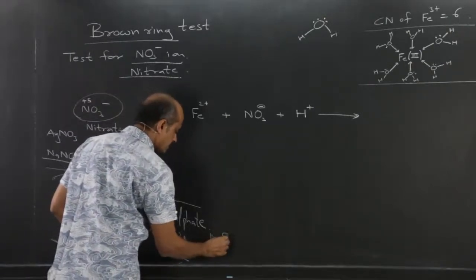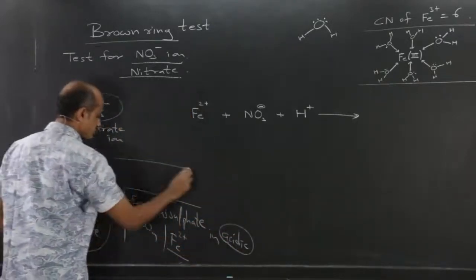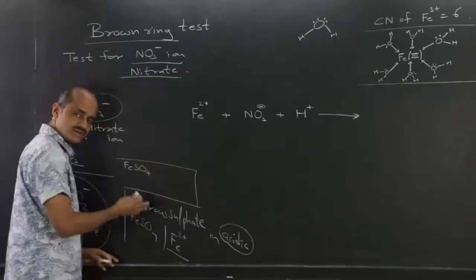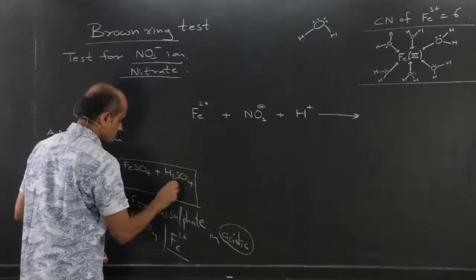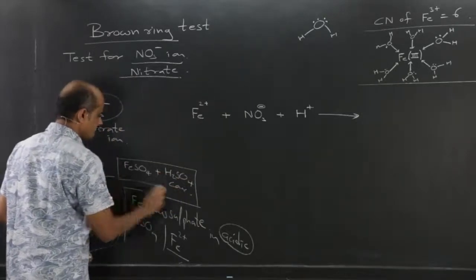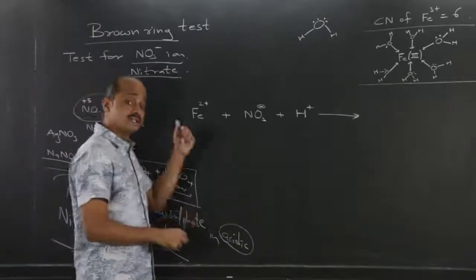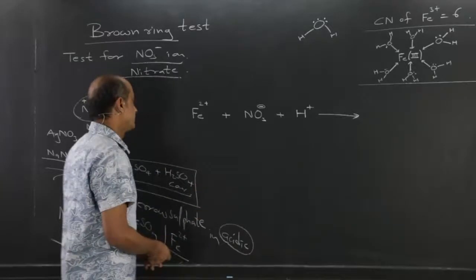in acidic condition. Acidic condition means FeSO4 plus concentrated H2SO4, this mixture, and the sample. If it contains a nitrate group, what will happen?